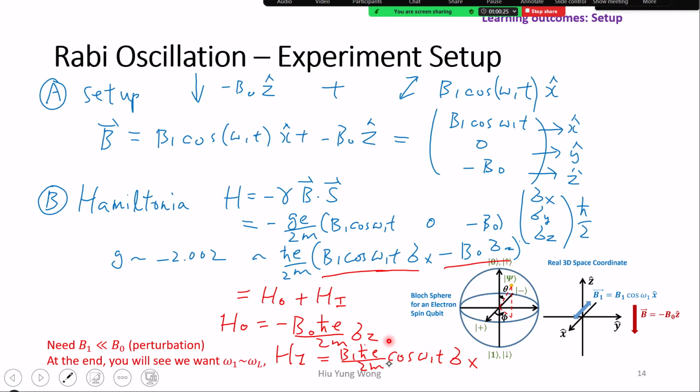But I have another term. So this is the Hamiltonian, the total energy. The main energy comes from this DC term. But I also have one more term, which I call the perturbation term. It is small. We are going to make B1 much smaller than B0 for this exercise. So this is a perturbation.